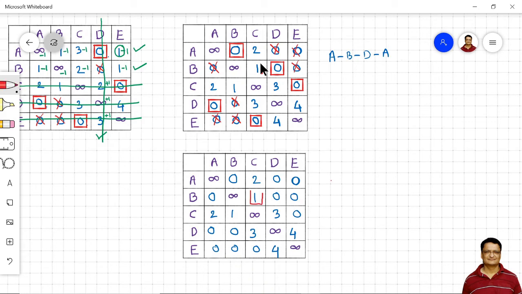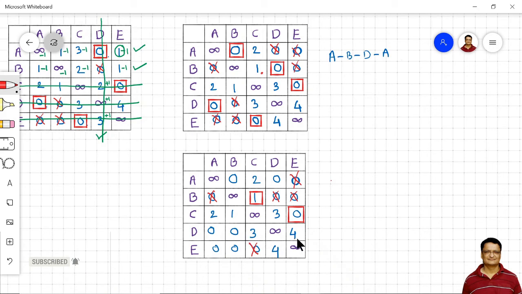So making my first allocation at this point, this will be crossed out and this 0 will be also crossed out. Now looking for the row with only 1 zero, in this third row I will get only 1 zero, so making allocation at this point, these zeros will be crossed out.